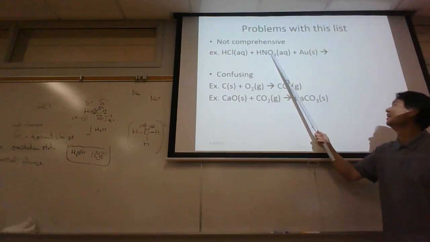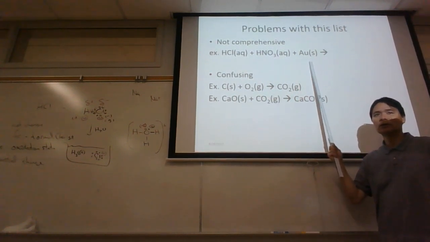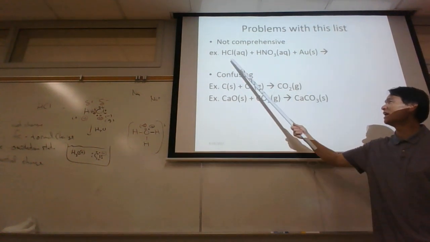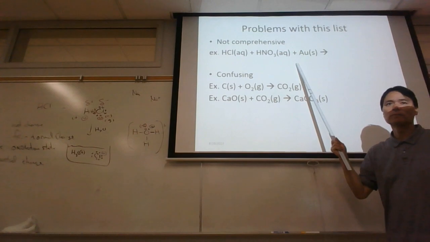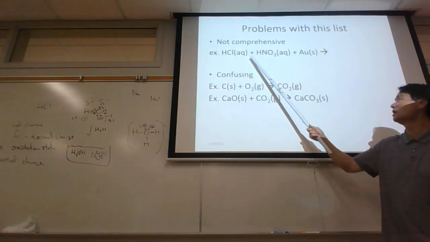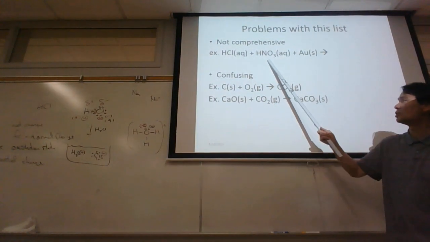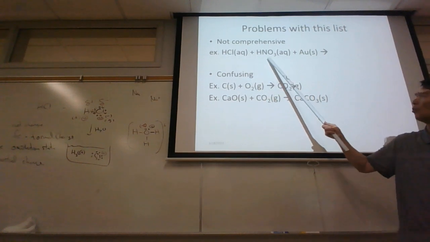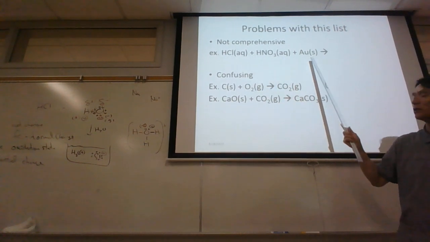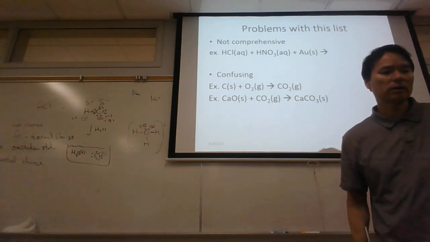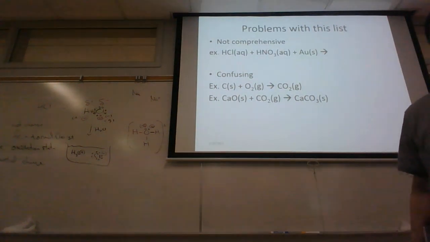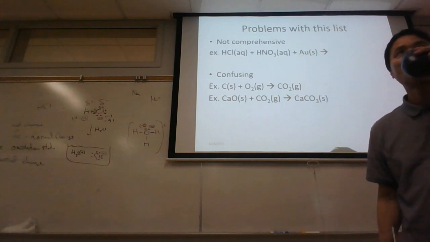Nitric acid alone does not react with gold, but a combination of HCl and nitric will dissolve gold. And this combination of HCl and nitric is called aqua regia. Aqua regia is royal water, and this will actually dissolve the gold. So you don't want to have any gold near aqua regia.